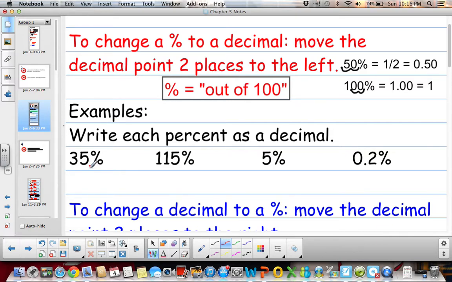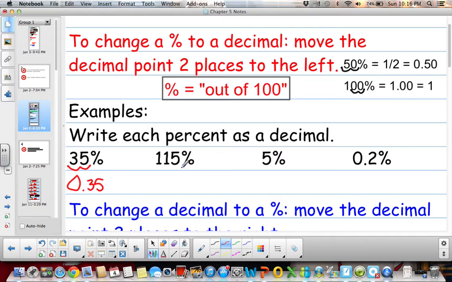So our decimal starts here. We go 2 to the left. So we would write it as 0.35. 35% is less than 50%, so 0.35 is less than 0.5, which makes sense.